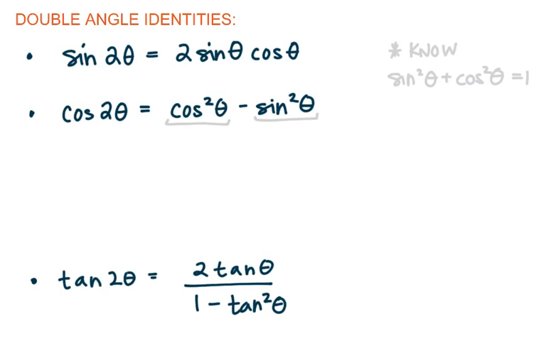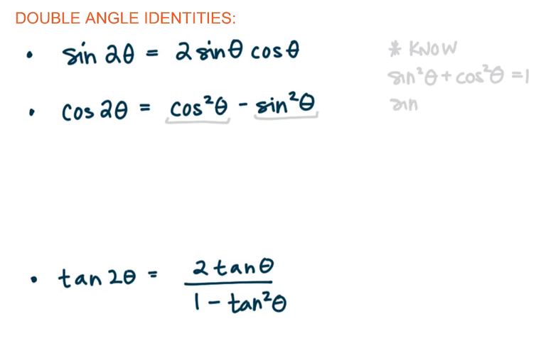And that identity could be rearranged. I could say that sine squared theta is 1 minus cosine squared theta, as well as cosine squared theta is 1 minus sine squared theta. All right, so what would happen if I were to sub in here for sine squared theta, the second piece? If I were to sub in 1 minus cosine squared theta, what would I get?